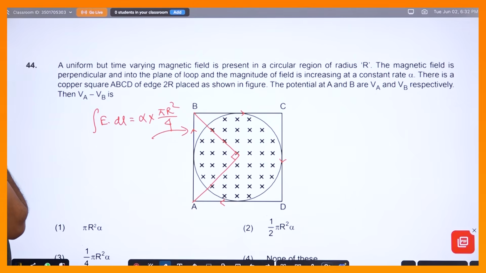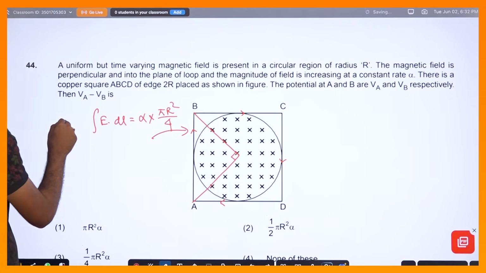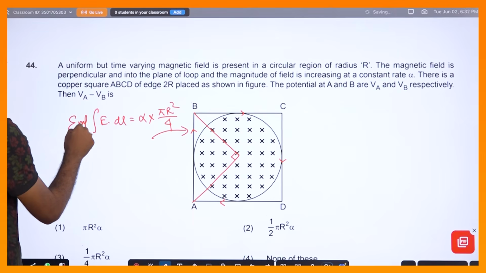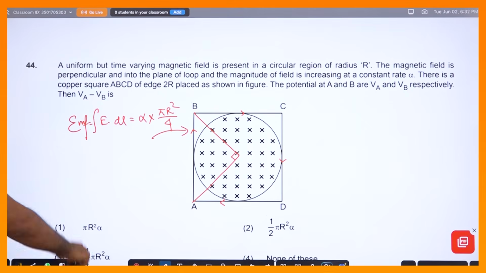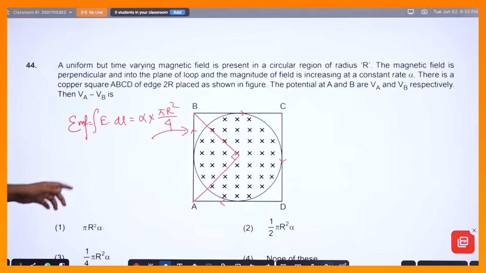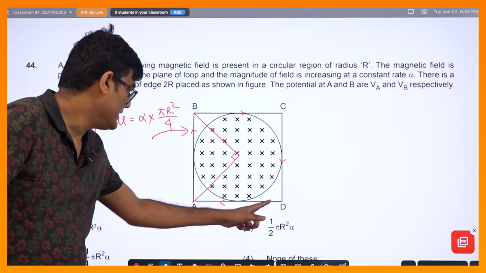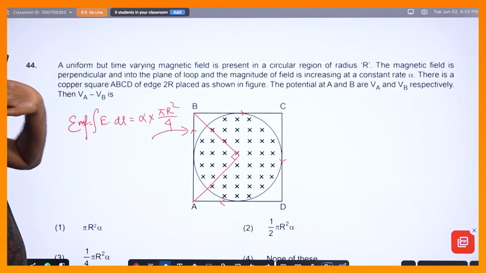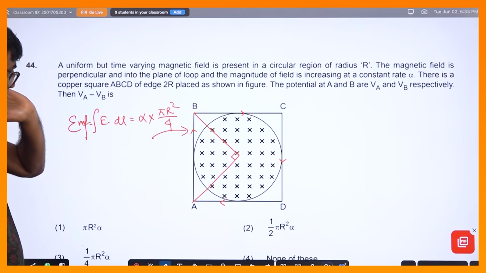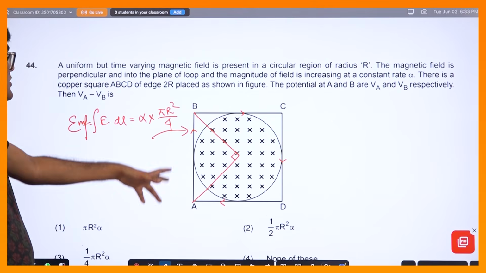Now this question, I think this is the EMF that I can calculate. But what is the potential difference? Will there be any potential difference? I don't think so. If this loop is uniform, the resistance is everywhere same, then I don't think any potential difference is developed, because potential difference means there must be some charge accumulation.